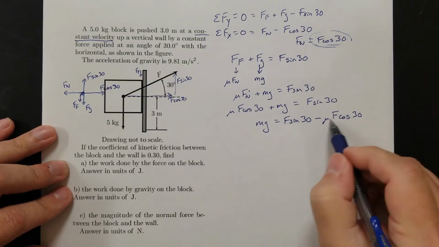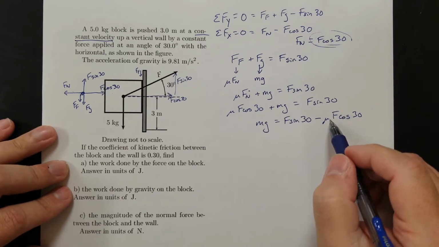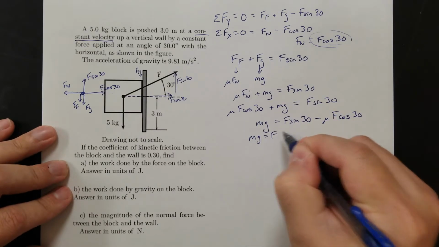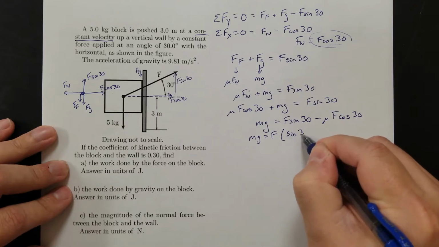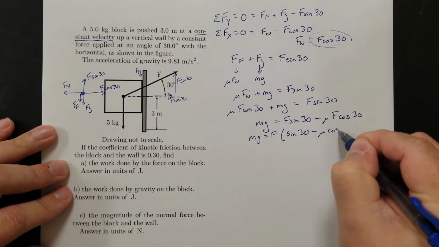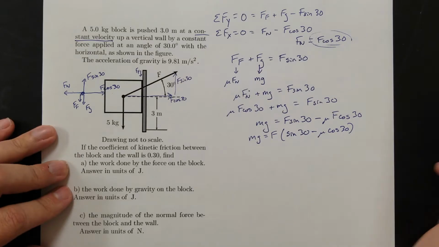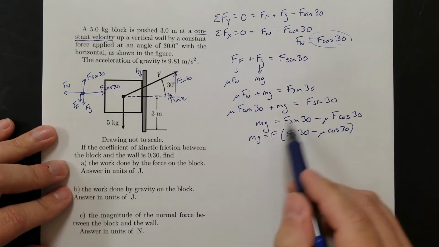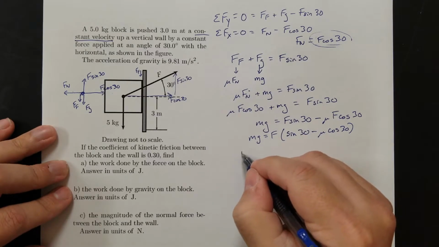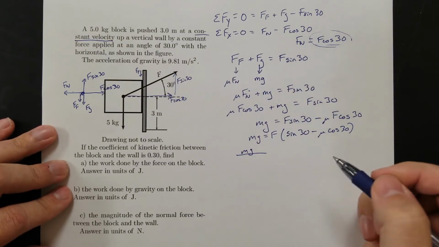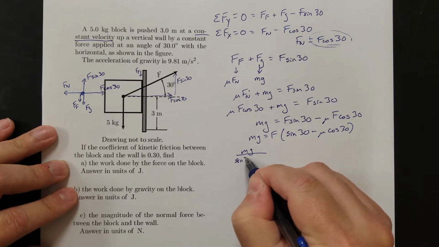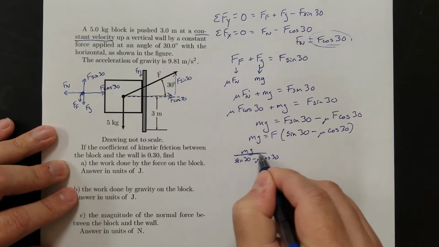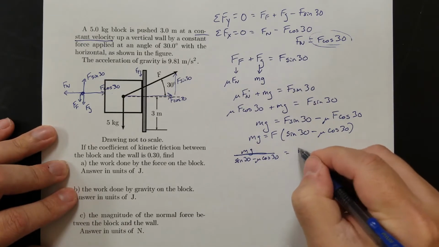Now I can pull the F out because there's an F in both of these. So mg equals F times (sine 30 minus mu cosine 30). And now I can just divide. So mg over (sine 30 minus mu cosine 30) equals F.